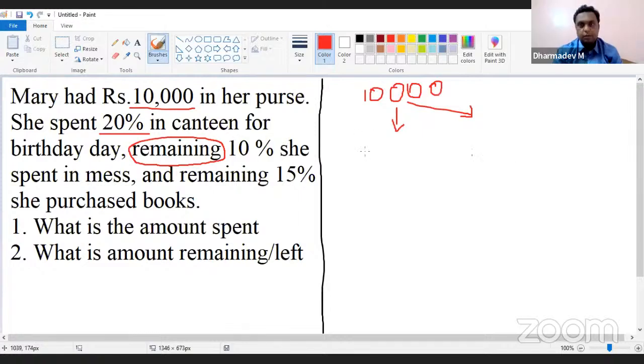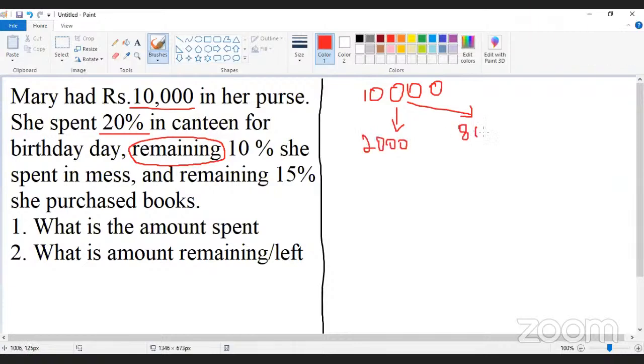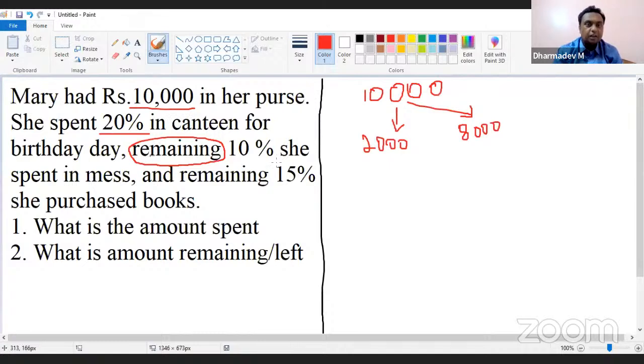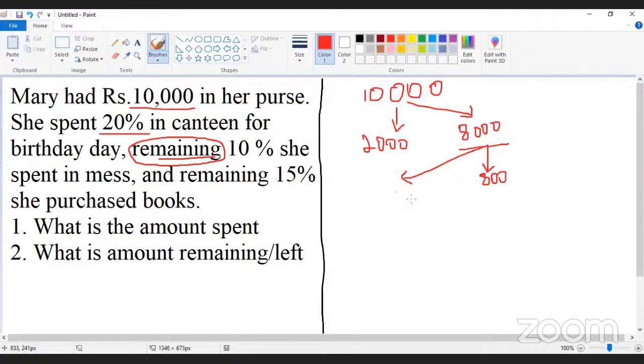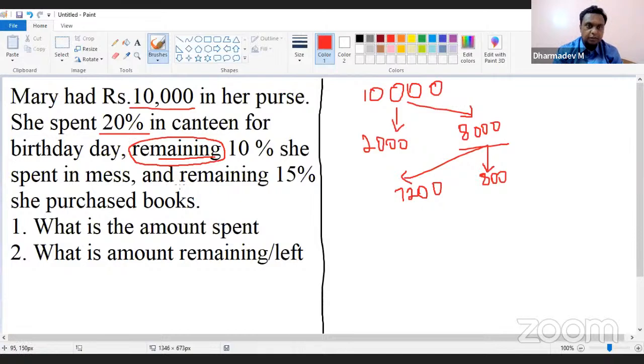Yep. How much is remaining? 8,000. Then it says she spent 10% of the remaining in the mess. So from this 8,000 she spends 10%, which is 800. What would be the remaining? 7,200. Yes.